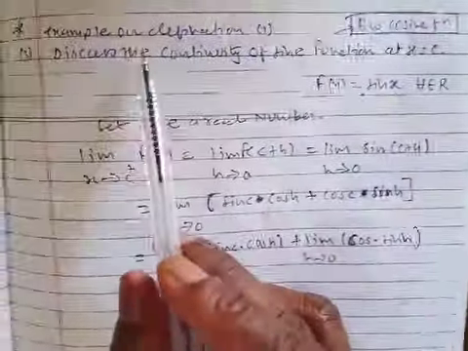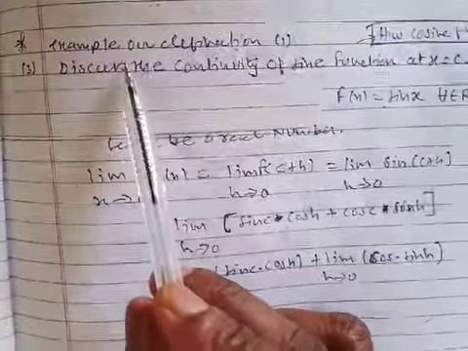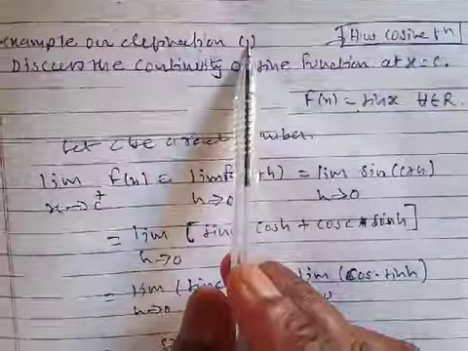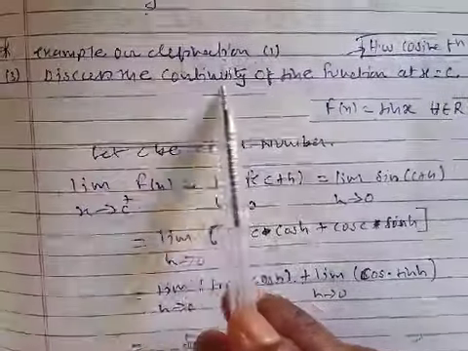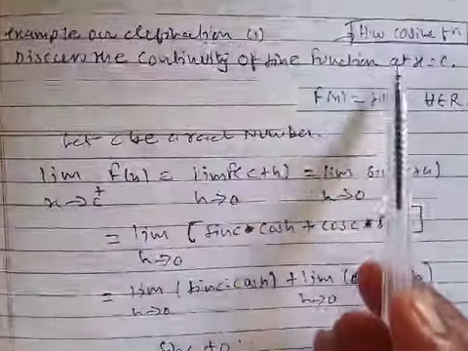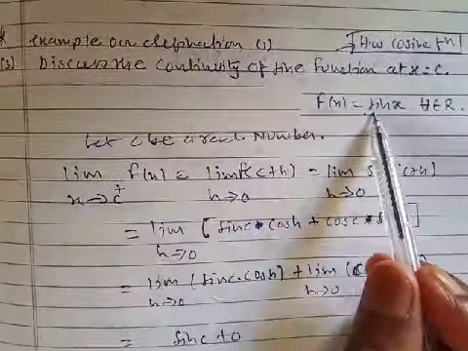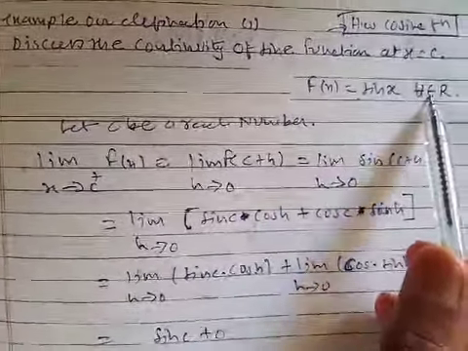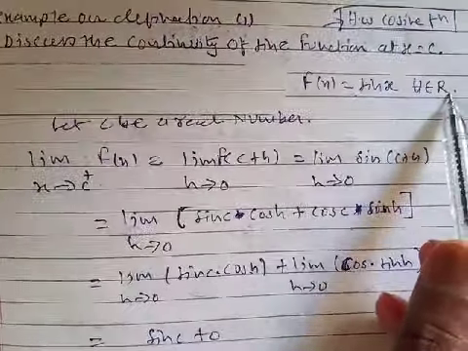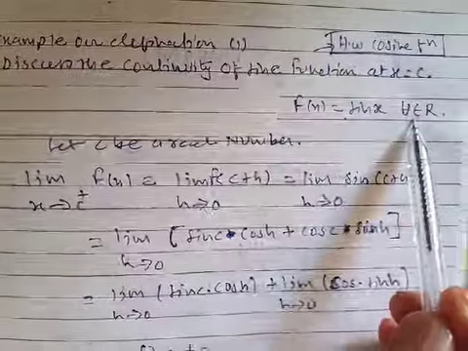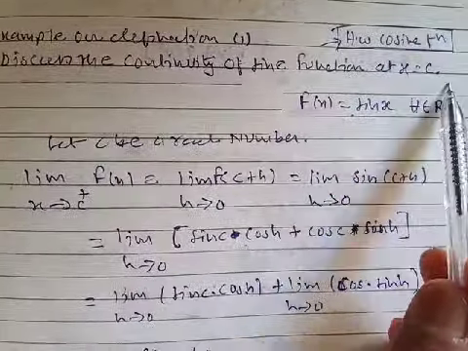Understand? Yes, sir. To understand, take an example on definition 1. Discuss the continuity of the sine function at x equals c. So f of x is equal to sine x for every x belonging to R. If nothing is given, what do we have to check? We normally take x equals c.